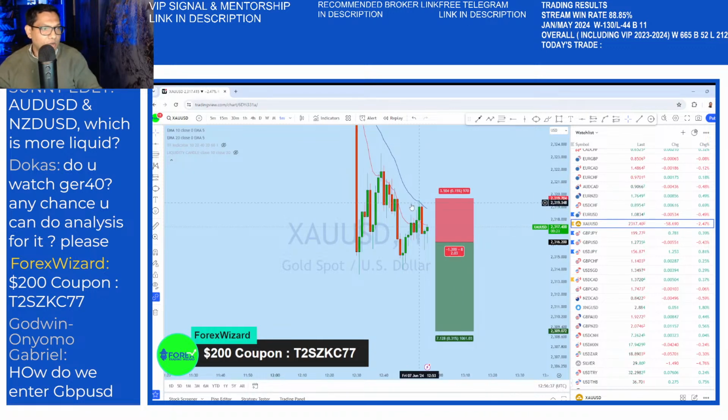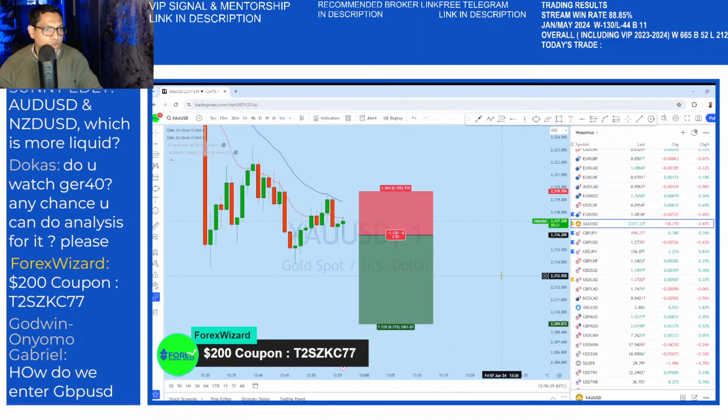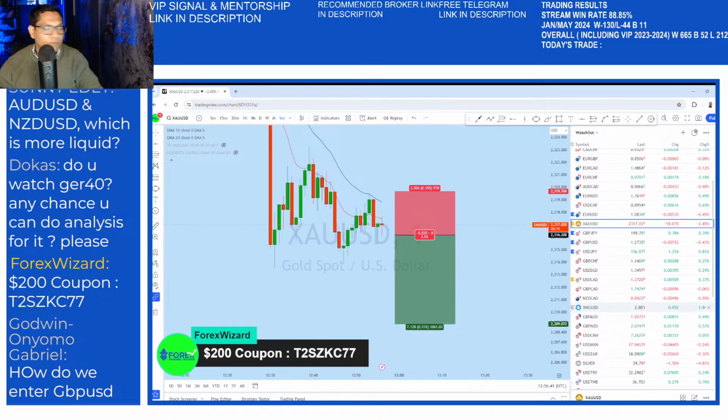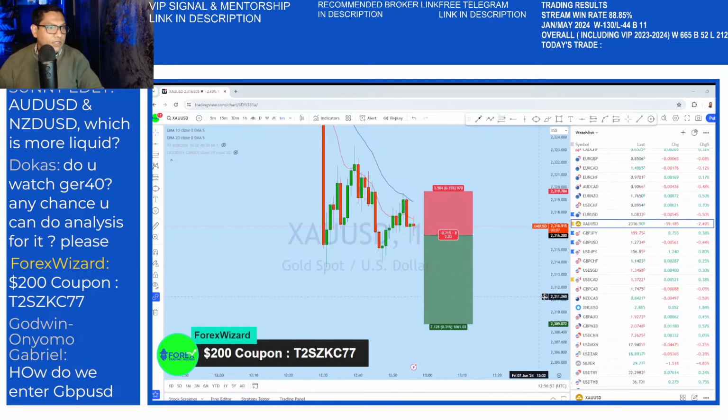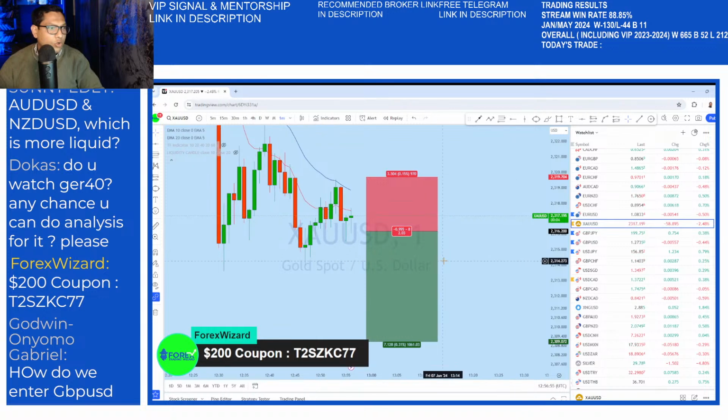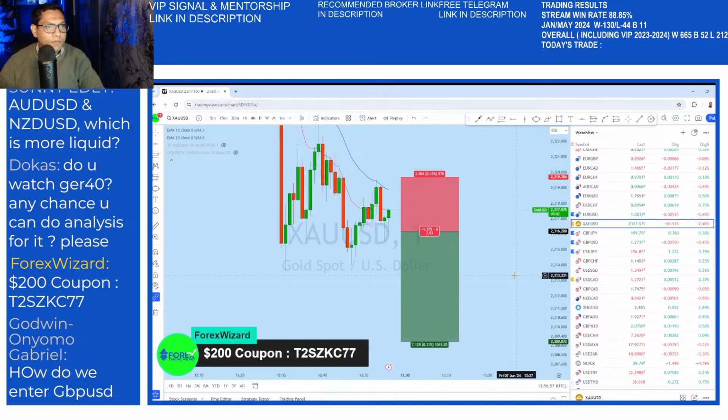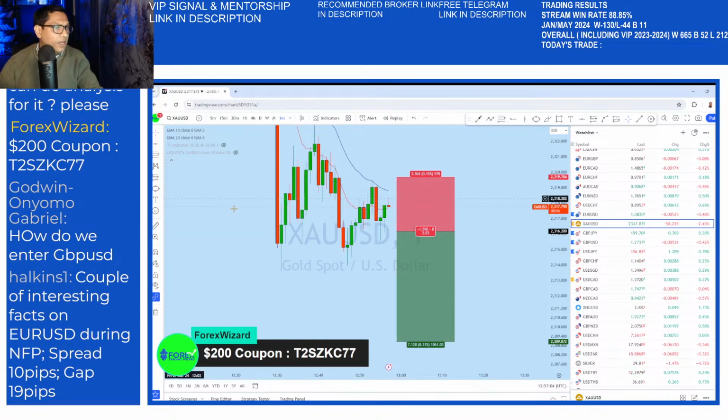So you place a pending order, sell stop at 2316.20. Anyone has got triggered? I haven't got triggered yet. So we placed a pending order at 2316.20, sell stop, stop loss above 2319. Still not got triggered.